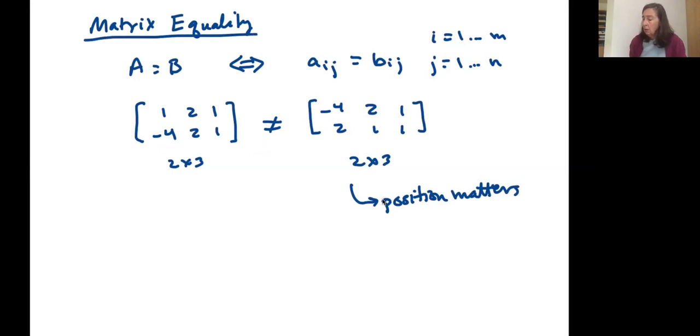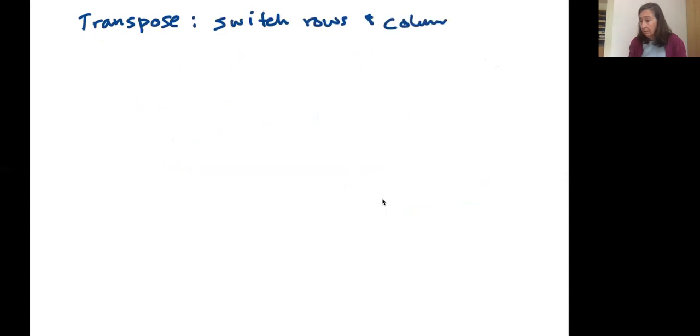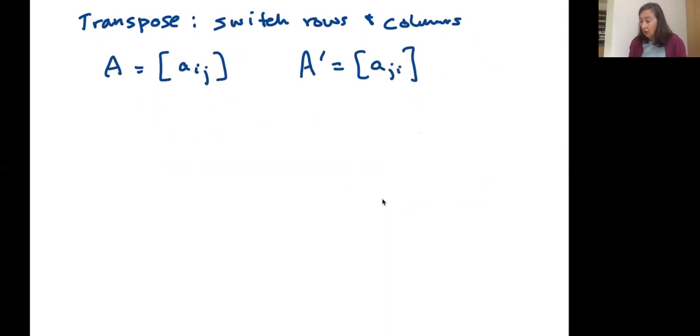So what can we do to matrices? One thing we can do is take a transpose of a matrix. When we take a transpose, what we're doing is just switching the rows and columns. So we have matrix A, where we're thinking about the generic element being Aij. For A prime, the generic element is Aji. We've switched the rows and the columns here.